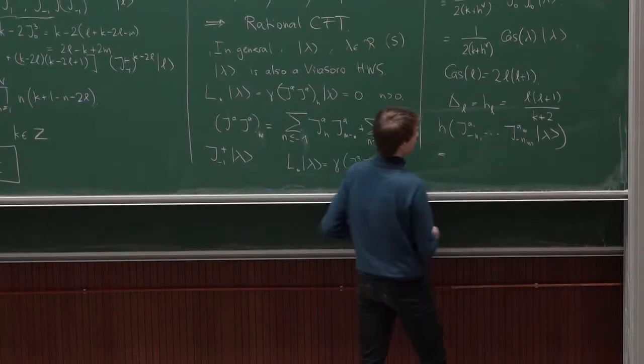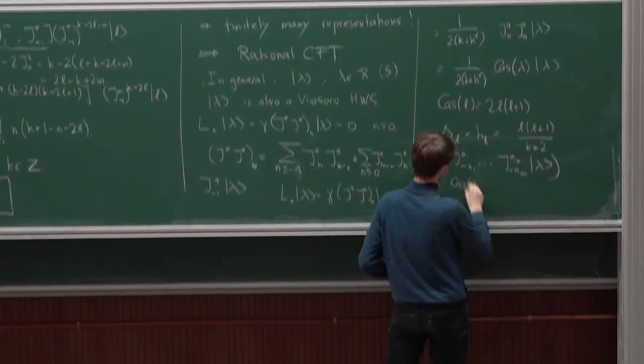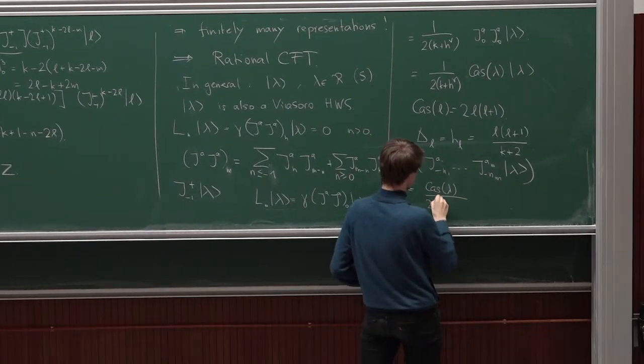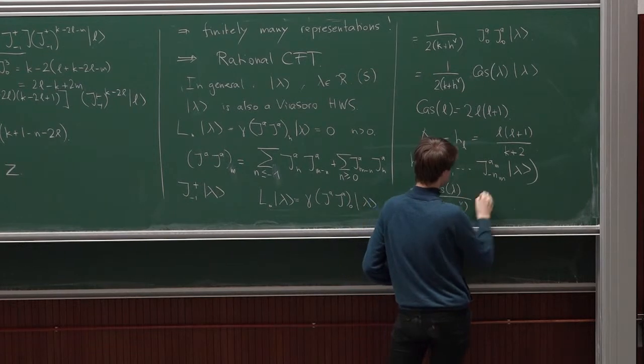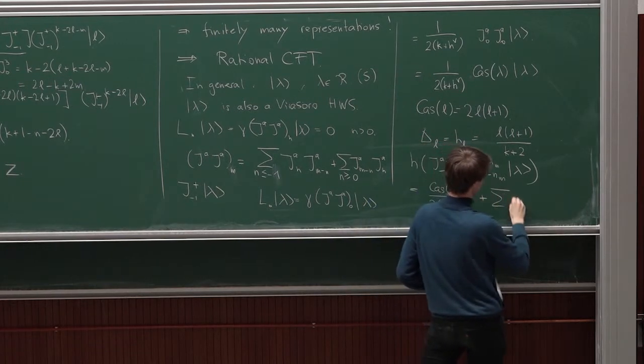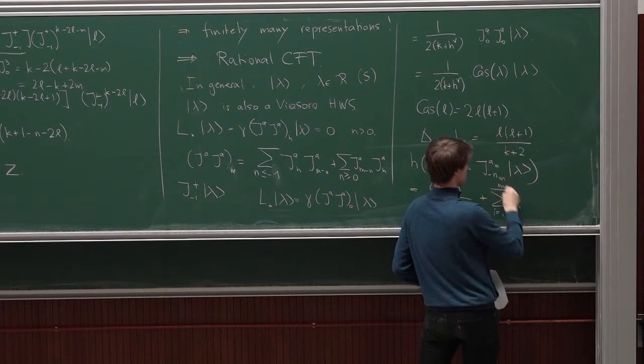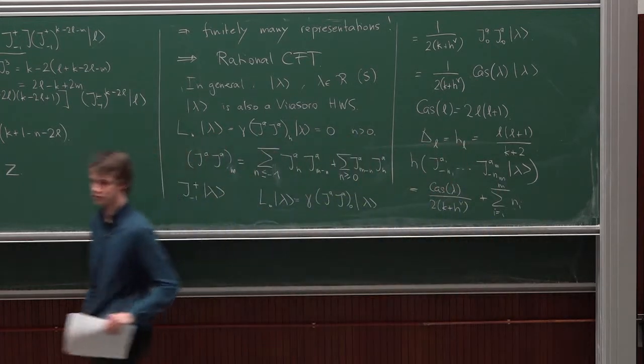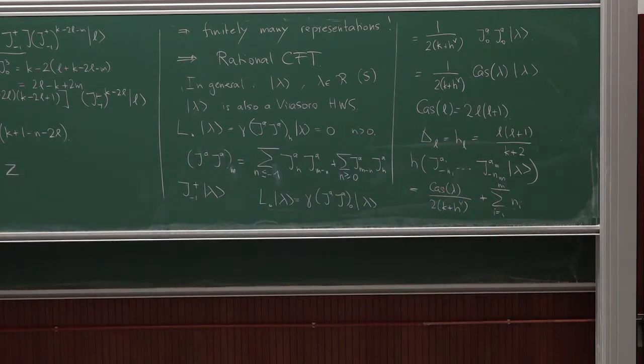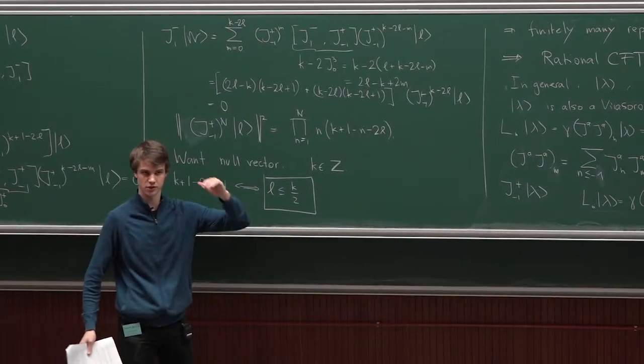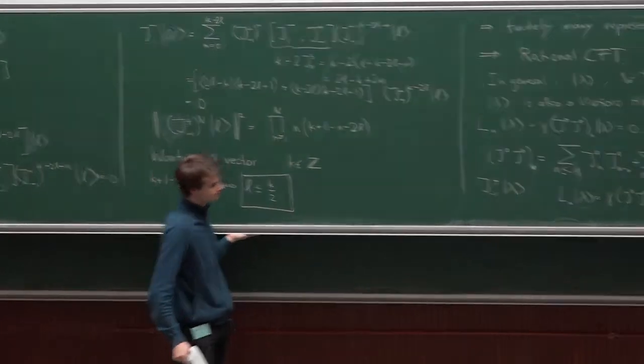It's the conformal weight of lambda, which was this Casimir of lambda over 2(K plus h^V), and then just the sum of the n_i's. Okay, so this is just for you to recognize that once I know the conformal weight of the primary state, I know the conformal weight of everything.